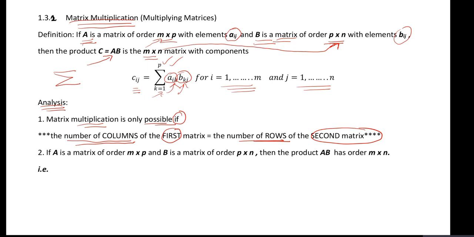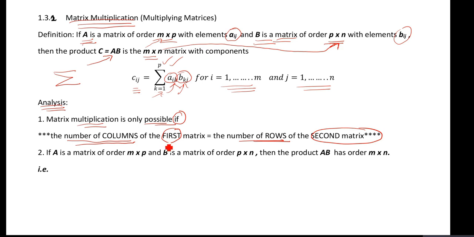That's the first thing you will look for. You write down the order of the matrices, then look at the number of columns of the first matrix and the number of rows of the second matrix. Only when they are equal can you do that multiplication.